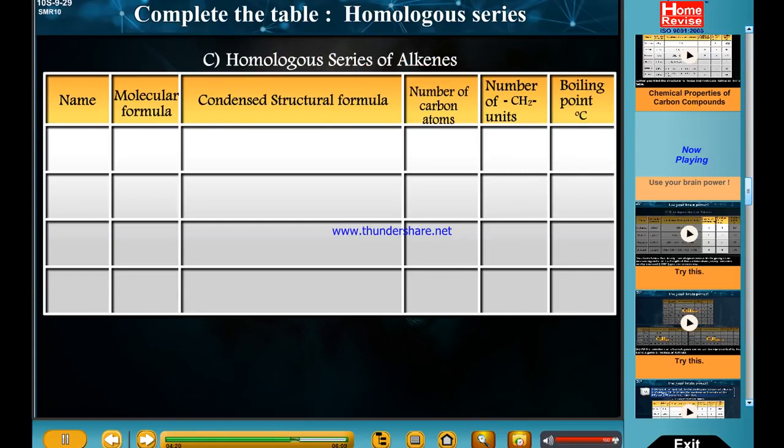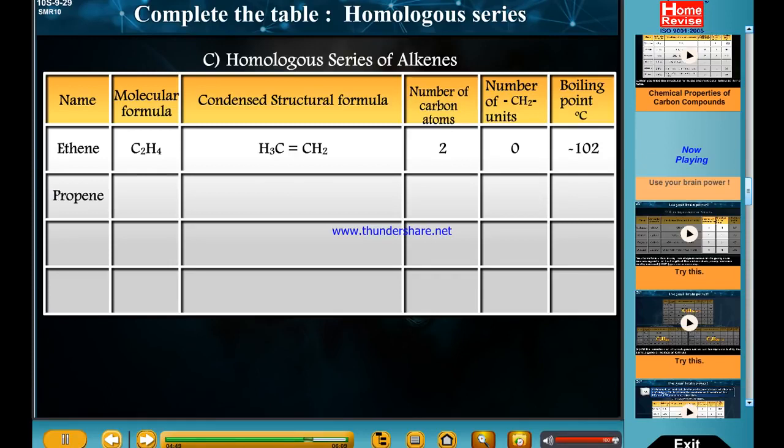C, homologous series of alkenes. Ethene, molecular formula C2H4, condensed structural formula CH2 double bond CH2, number of carbon atoms 2, number of CH2 units 0, boiling point minus 102 degrees Celsius.